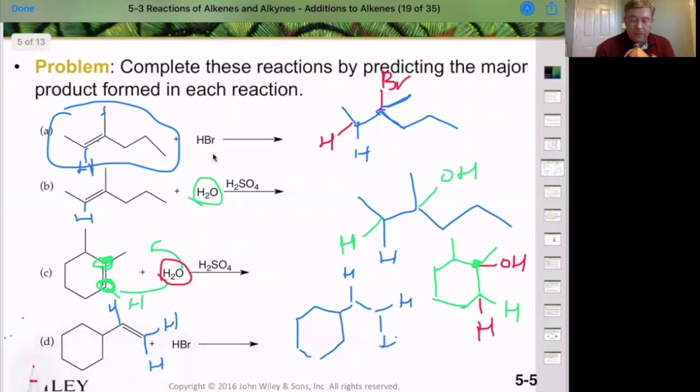This already had two hydrogens on this side, so the hydrogen has to go to that side. So we're going to add a hydrogen there, which means the bromine has to add on the other carbon. So using Markovnikov's rule, we can predict the major product of these reactions. Now, sometimes you do form the minor product, and I'll show you why.